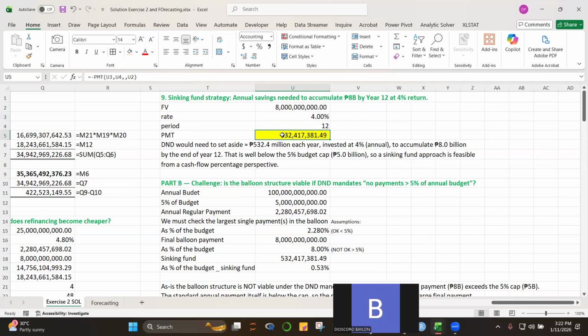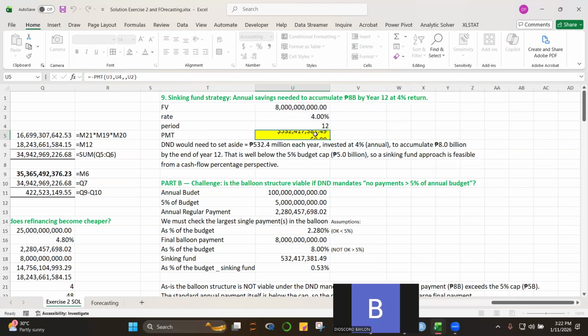So therefore, we can now compute for the annual amortization. Okay, the rate is 4%, the NPER is 12, and then the future value, not the present value, future value to, no? Gusto natin yung pera natin at the end of the 12-year period will be 8 billion.